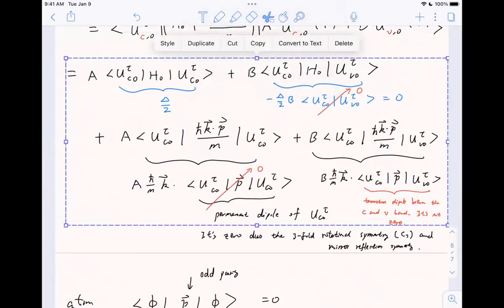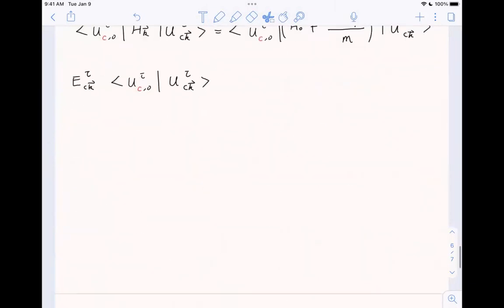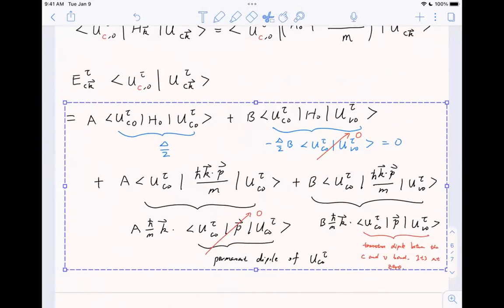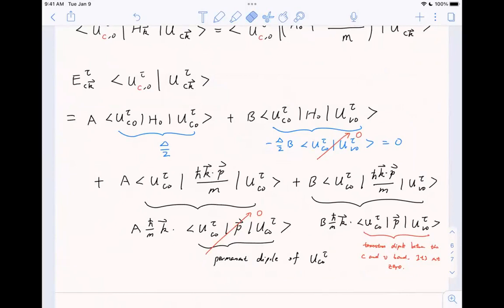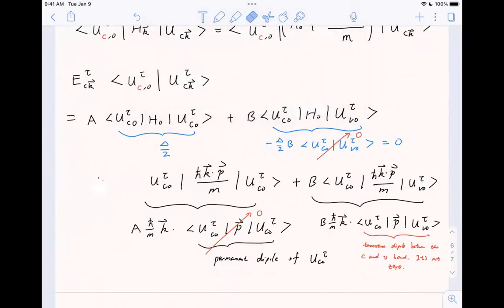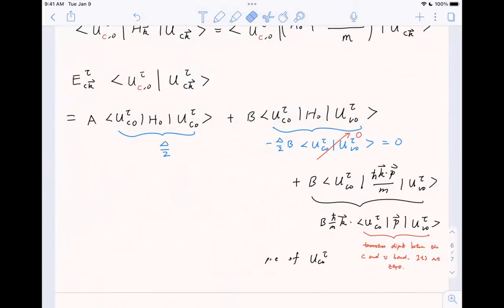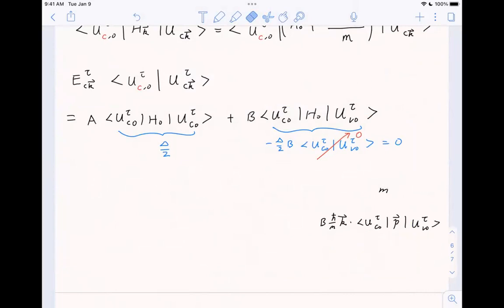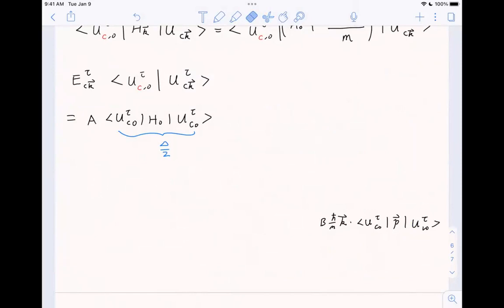Let me copy it. Then delete these. These are 0. This is also 0. So this is delta over 2.